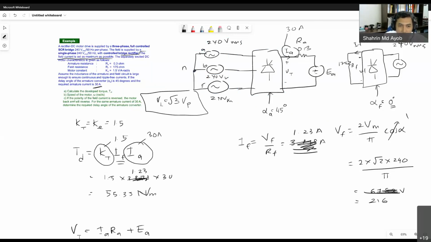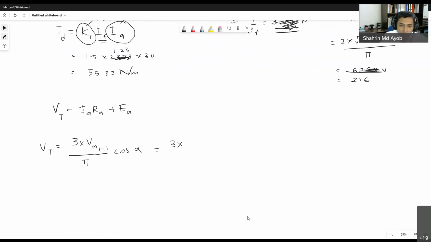V line is equal to square root 3 V phase. So right now, your V phase is 240 volt RMS. Okay. So you need to convert into V line. So square root 3. Okay. So that one is RMS. So you need to convert into Vm. So you need to multiply with square root 2. 240 volt RMS. Okay.